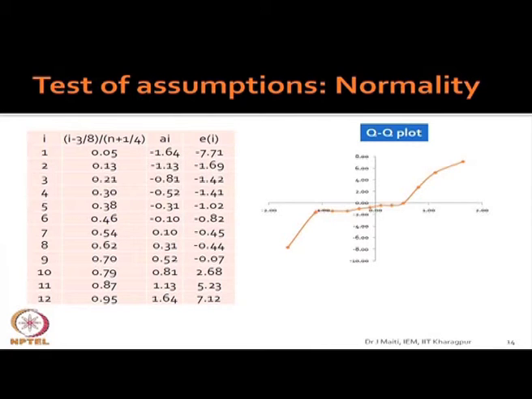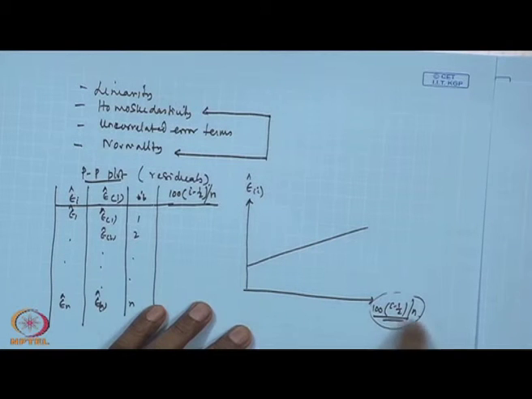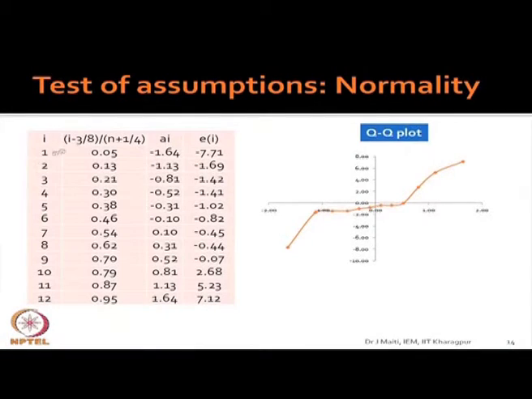Considering that property, here you are transforming. You can use I minus half by n, but there is another formulation which is used, I minus 3 by 8 divided by n plus 1 by 4, and it is found that this gives better results than I minus half by n.